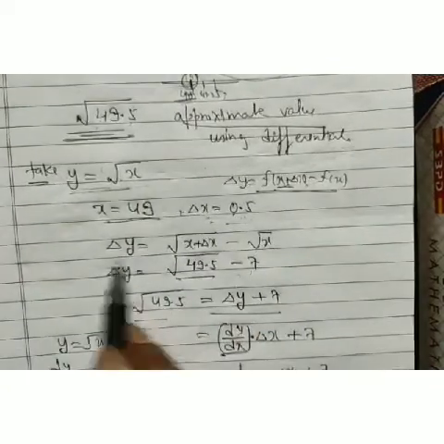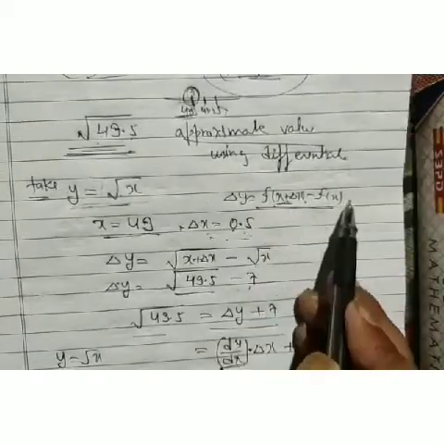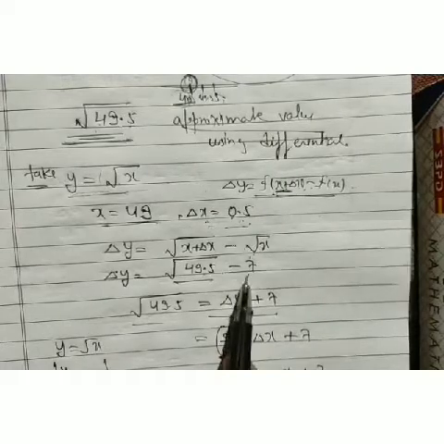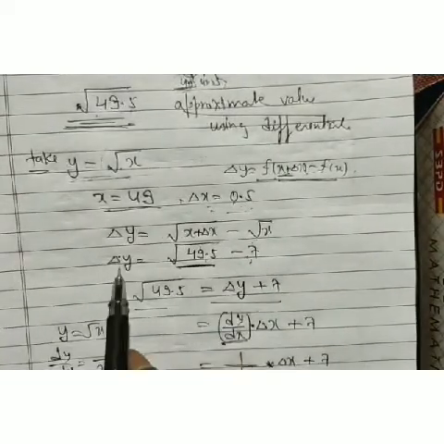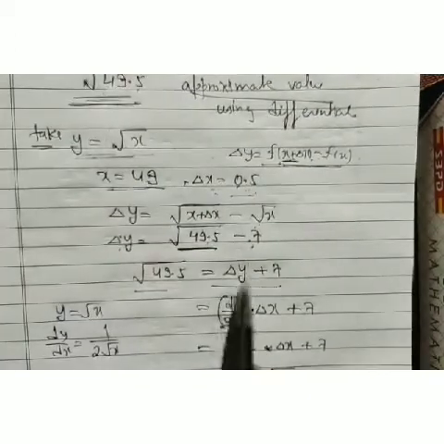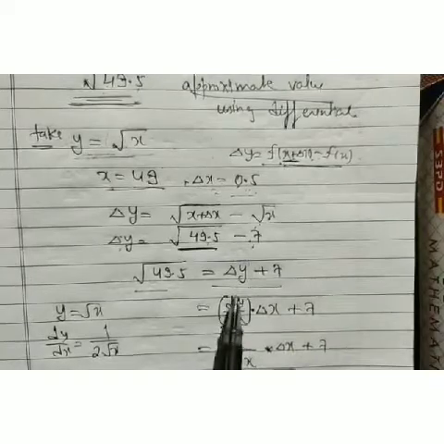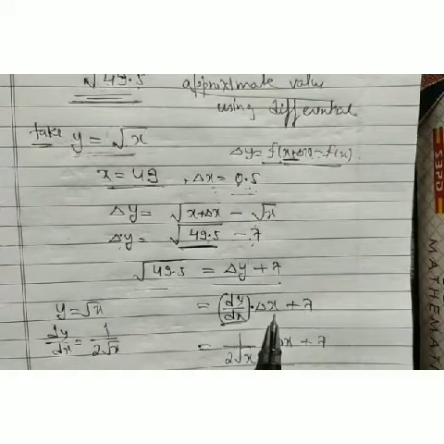Then how do we get delta y? Delta y is f(x plus delta x) minus f(x), which means under root 49.5 minus 7. We want this value, so we shift the 7 across. Now we define the differential of y, which is given by dy/dx into the differential of x.